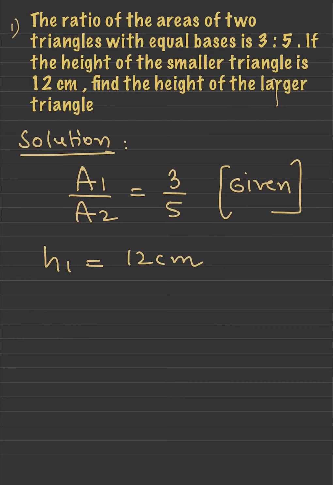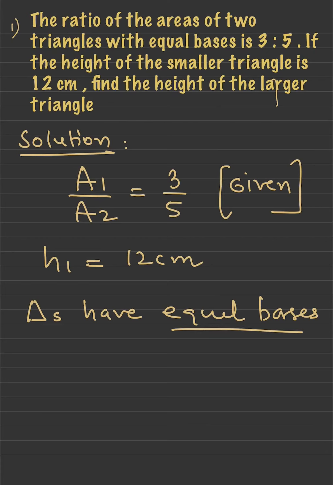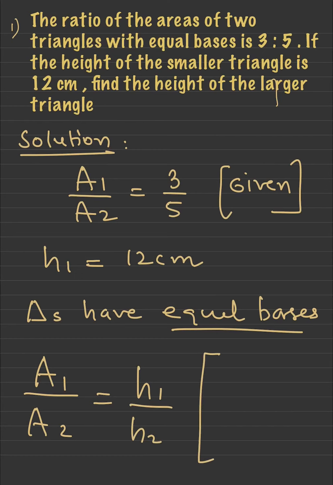The question says the triangles have equal bases. You can write, since the triangles have equal bases, then areas are proportional to the corresponding heights. Proportional means ratios are equal.